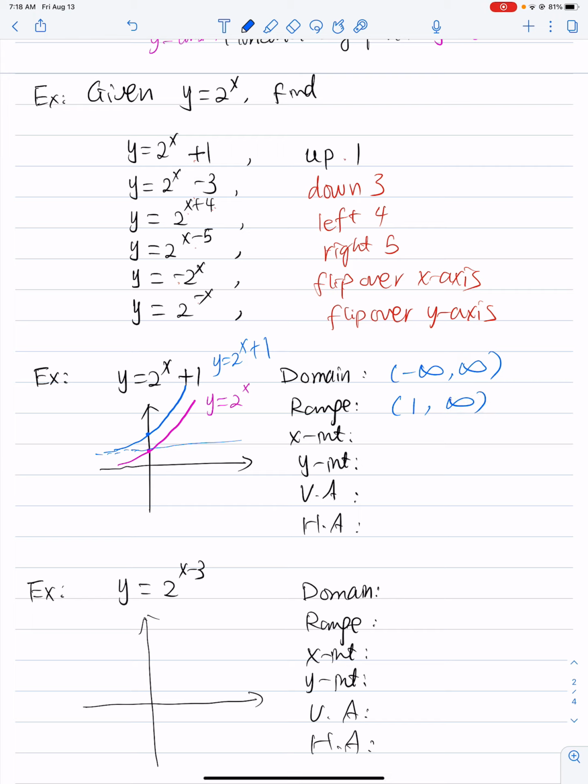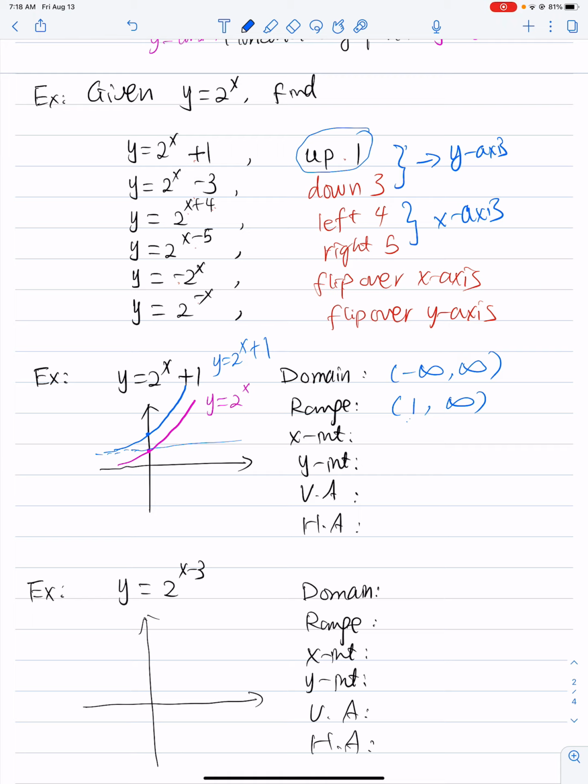Because think about this. Up 1 is on your y-axis. Are you with me? Left and right is on your x-axis. So when you go up 1, of course your range will go up 1 too. So it's 1 to infinity.